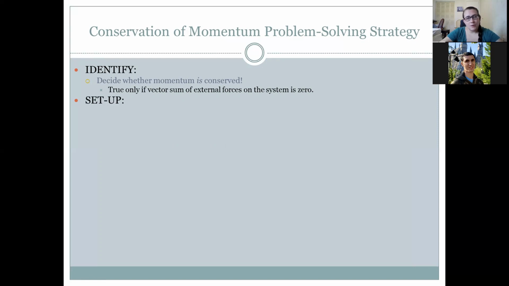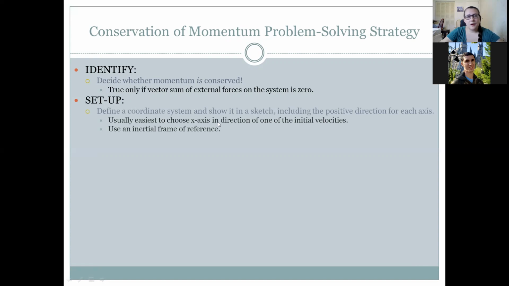Now, in almost all of the cases that we'll do together, maybe all of them, momentum will be conserved, but that's only true if the vector sum of the external forces is 0. So if there's no net external force acting on our system, then momentum is conserved and we can use conservation of momentum. If that's not true, then we can't use conservation of momentum and we have to approach the problem a different way.